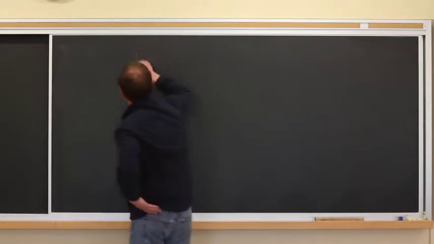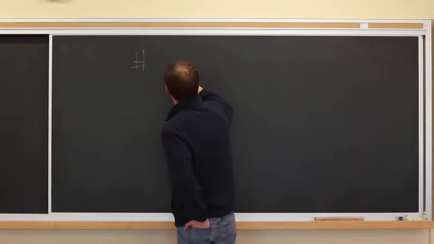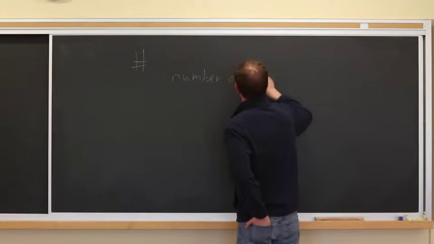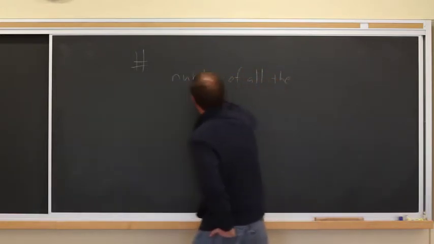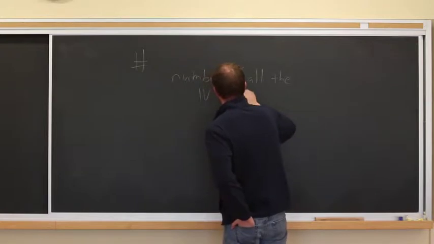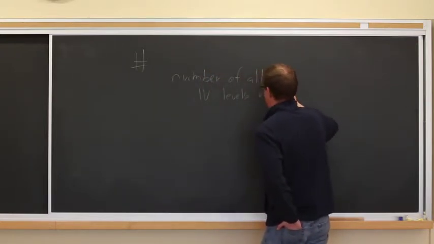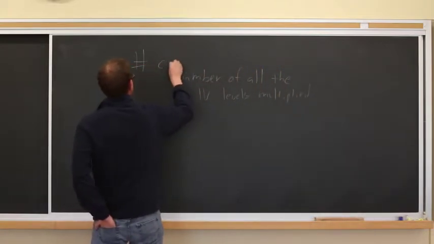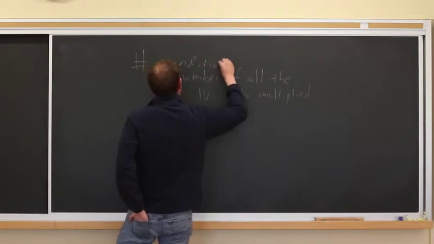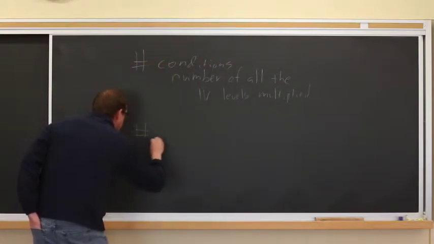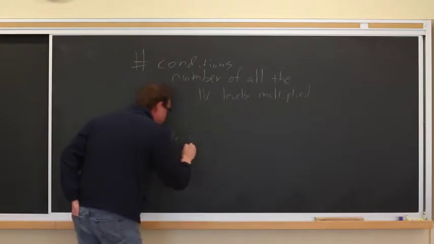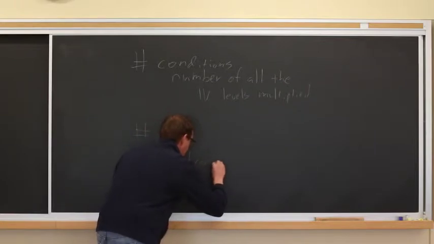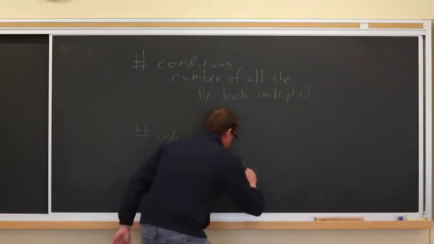Well, the number of conditions was just the number of all the independent variable levels multiplied, right? 2 by 2. So this is the number of conditions. The number of possible orders is going to be the number of conditions factorial.